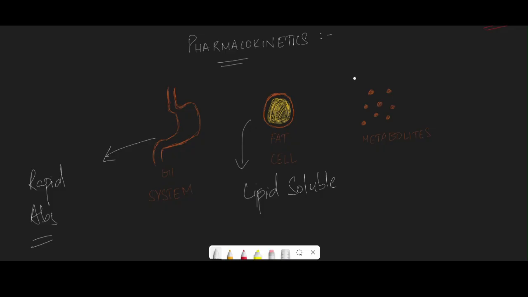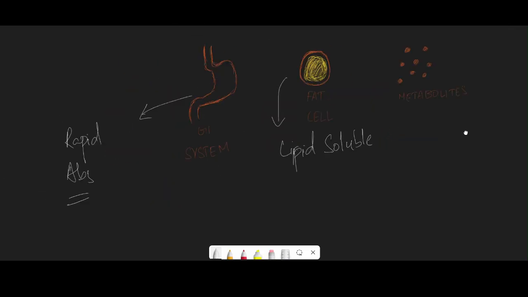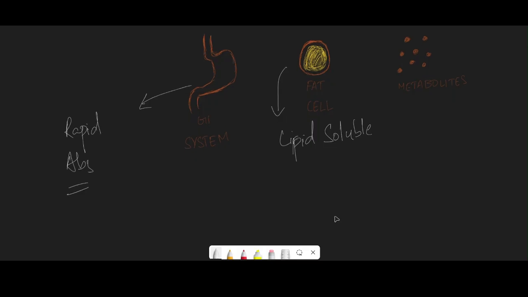Now what does that indicate? How does that help us with this whole thing? Since it's lipid soluble, it can be easily distributed in our body, that is, easily distributed in the body fat. And coming to the part of metabolites, its metabolites are excreted in urine.